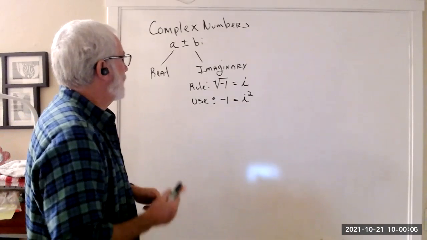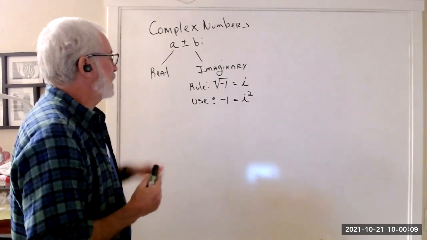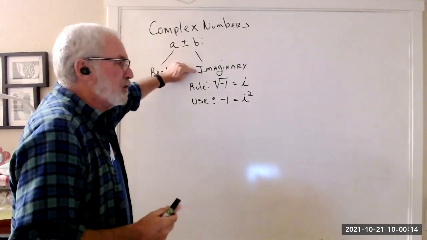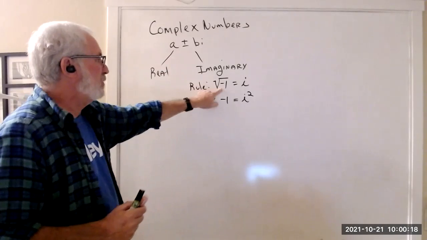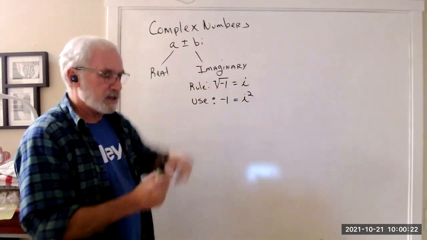All right. The other thing I said, very, very important for the imaginaries, the instant you see a negative inside of a square root, you take it out and write it as i.